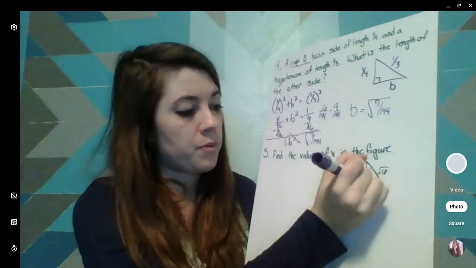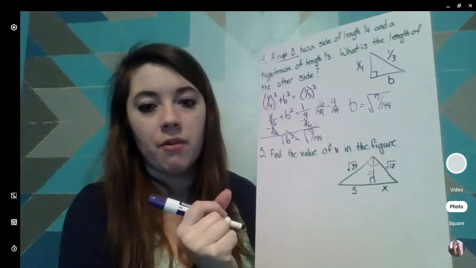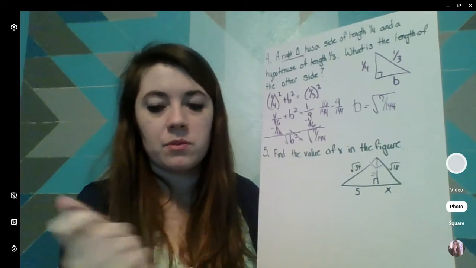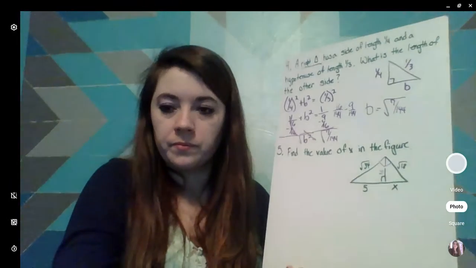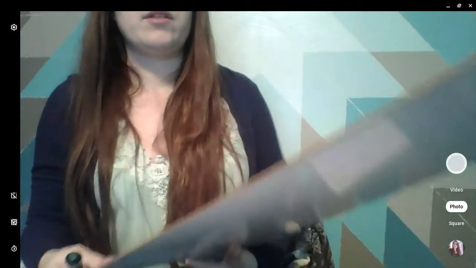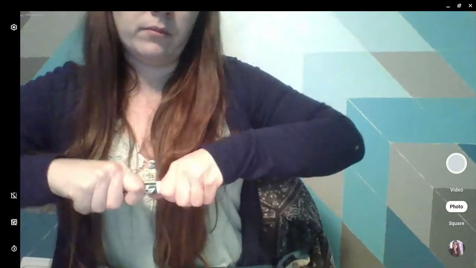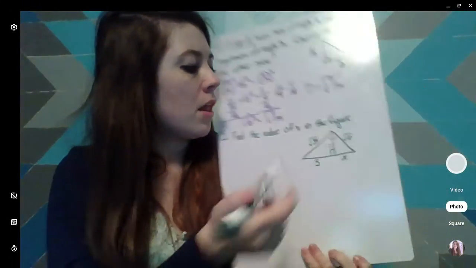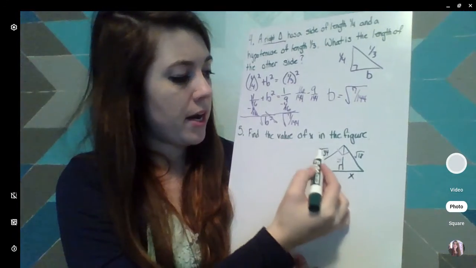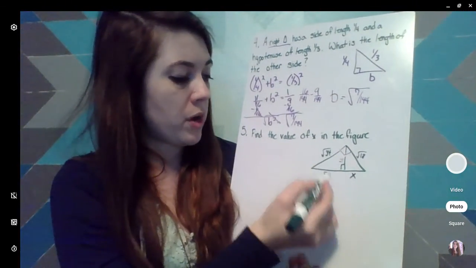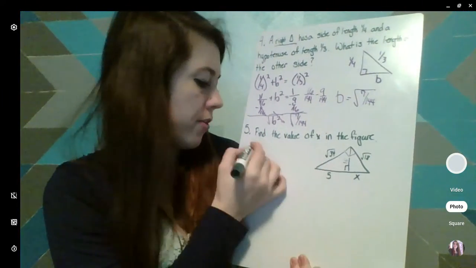For the first one, we'll name this y, just so we have a reference value there. I'm going to switch markers because this one seems to be dying on me. Okay, so looking at the larger of the two small triangles right here, we have a hypotenuse of the square root of 34, we have a leg of 5, and another leg of y.